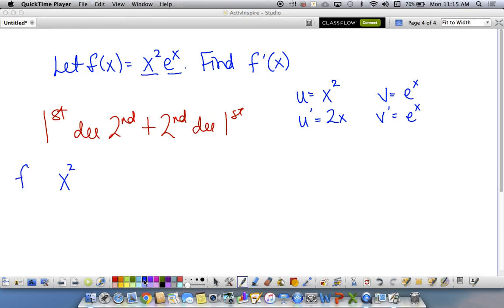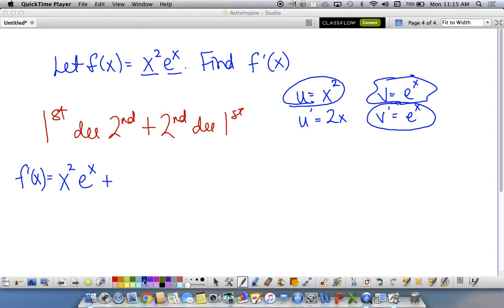So, my f prime of x. We're doing the derivative. So, first, d second, e to the x plus my second, e to the x, there's my x, times the derivative of the first.